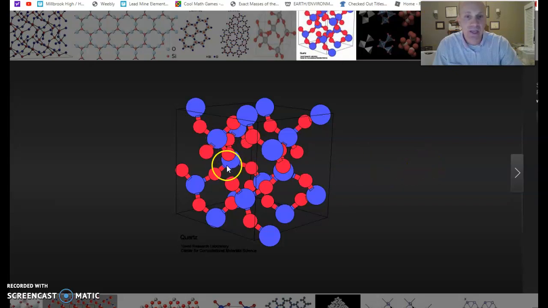This repeated arrangement is required for the experiment to work. Certain types of materials are called network solids. Diamond is an example of a network solid. Quartz is an example of a network solid.